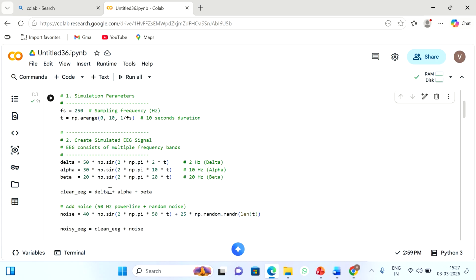The analog signal will be converted into a discrete valued signal, so this is the digital signal, and it will be filtered. When you apply sampling on the EEG signal, the same thing will be applied on the noise also. So the noise will be taken in equal spacing.